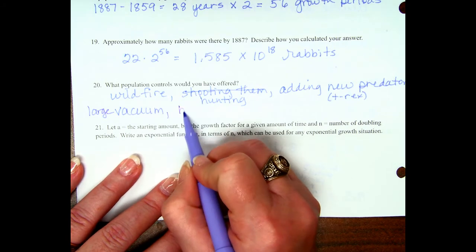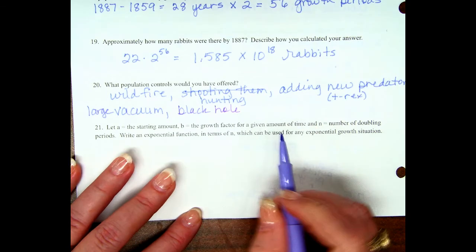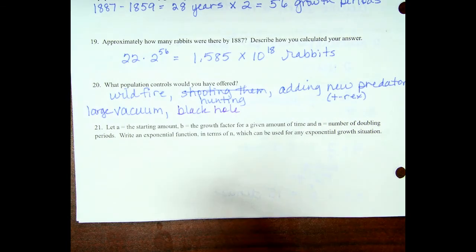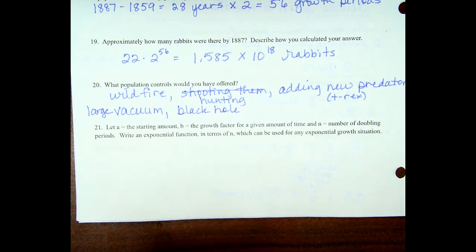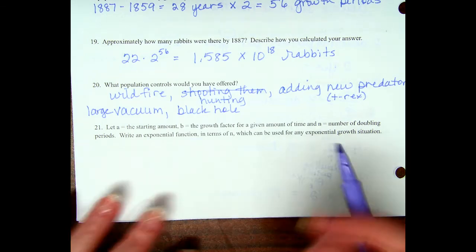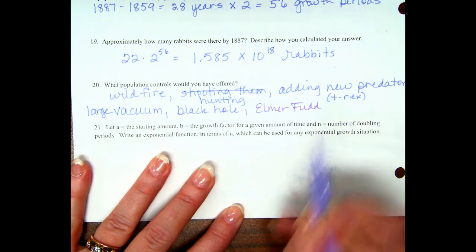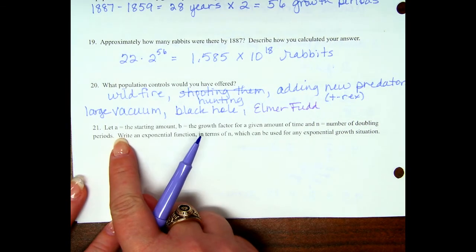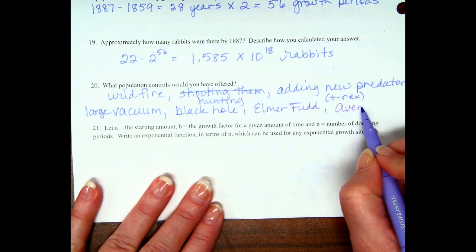Oh, a black hole. Okay. That wouldn't hurt any of the rest of the Earth at all. A black hole. Okay. Oh, a black hole that only sucks out the rabbits. Leaves everything else alone. Okay. I'm sure we can have a conversation with the black hole to explain what we need to happen. So we need Elmer Fudd. Elmer Fudd. Okay. Okay, I'll add that last one. Hire the Avengers.